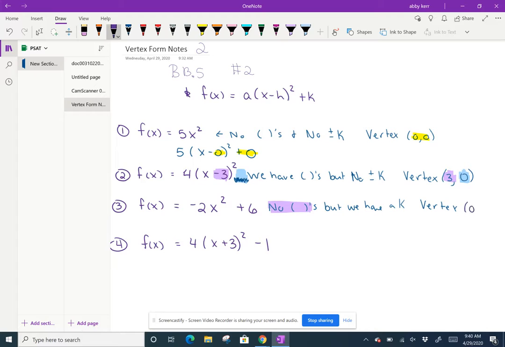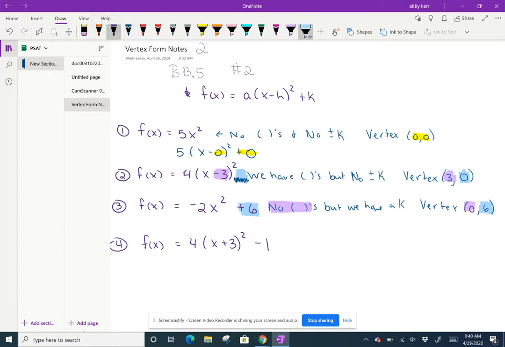That number is 0. Now on the flip side of that, we do have that plus or minus. We have that k value. Now the k value says plus 6. So the k value, you keep it the same. So that k value is really your y value.